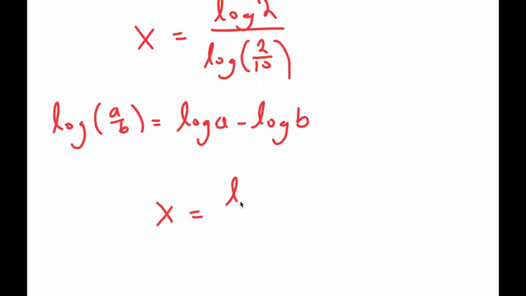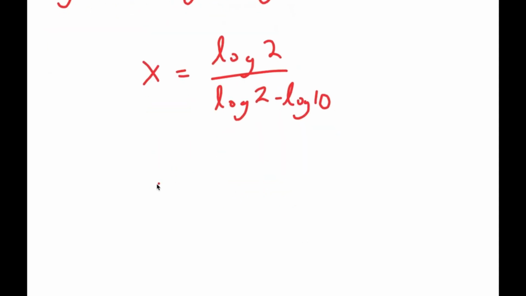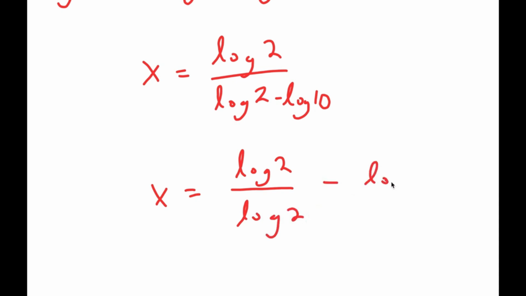So this is equal to log 2 over log 2 minus log 10, which is equal to log 2 over log 2 minus log 2 over log 10. Or sorry, that's not how that works.